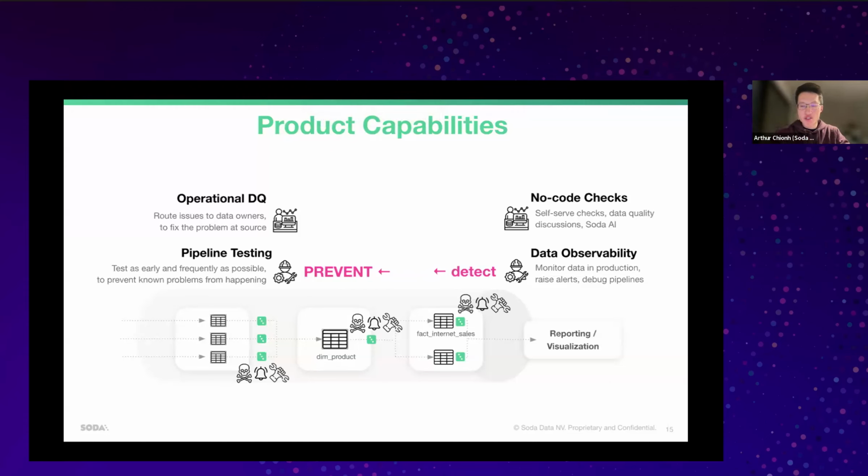And that is why SODA wants to allow you to take a preventive approach and shift left in terms of data quality in your pipeline, where we have, for example, failed rows analysis, which enables users to conduct operational DQ and find the root cause of data quality issues in data sources. And we also saw how the SODA library, for example in a Databricks notebook or anywhere where Python can be run, can conduct pipeline testing, so we can test for data quality as early and as frequently as possible in our pipelines.